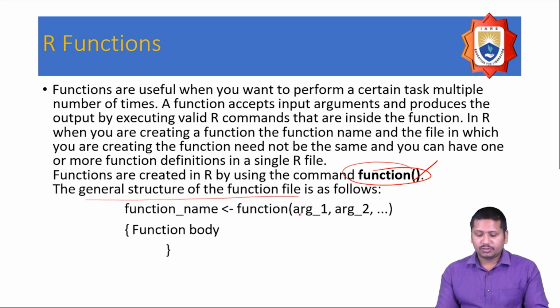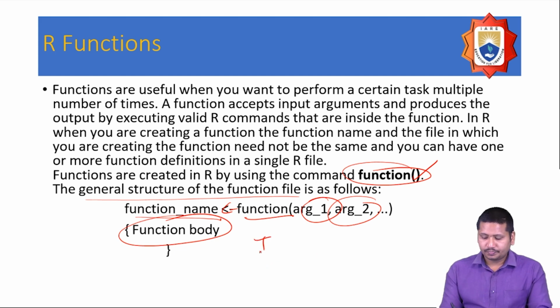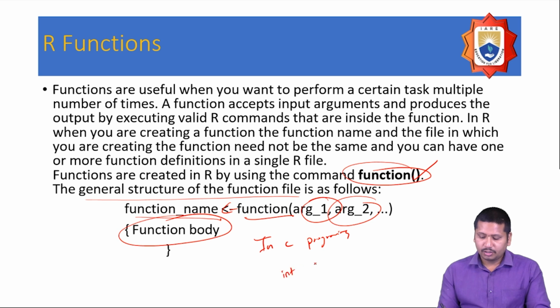The general structure is the function name, function arguments, and then the function body is created. Normally in C programming, how can you write a function? Return type, then function name ABC, like this.